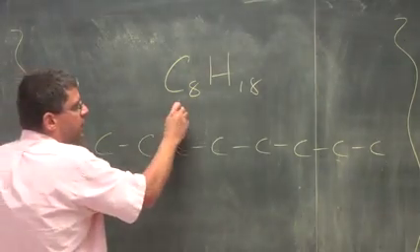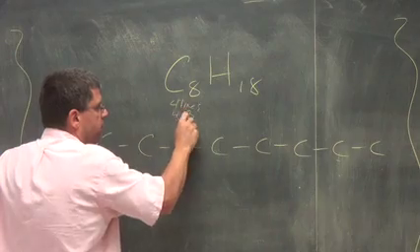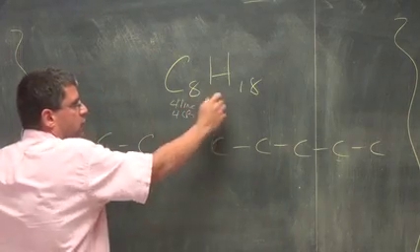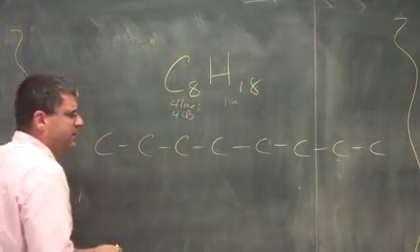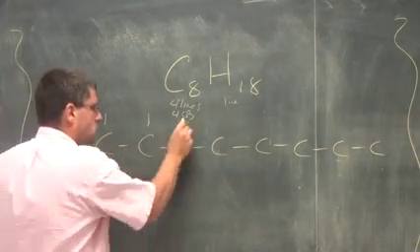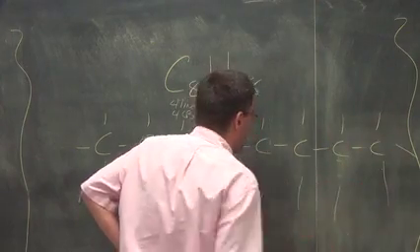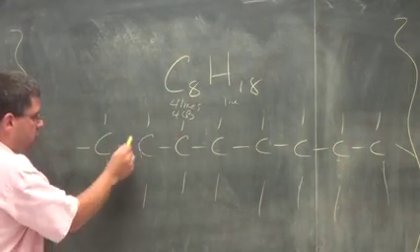So now each one of these has to have 4 lines around it, right? 4 covalent bonds, right? Each one of these needs 1 line. Well, can I tell you something? Watch this. How many lines are on each carbon? 8.